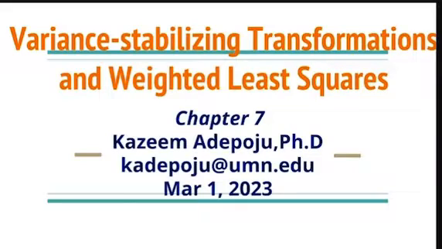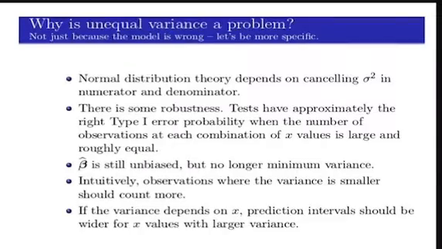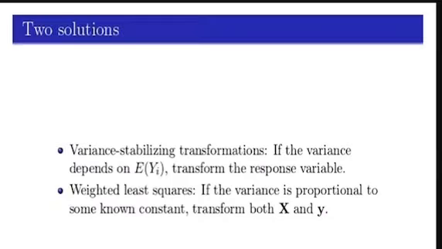When you take a look at the two ways to fix the problem, the number one way is by variance stabilizing transformation. I say the variance depends on the expected value of Y. In statistics, variance and mean should be independent.